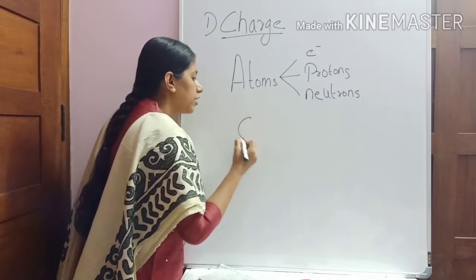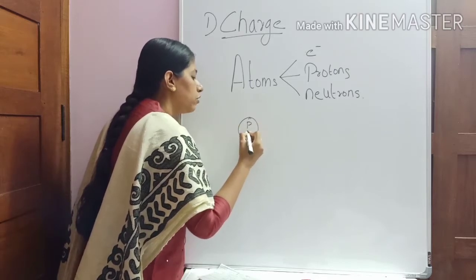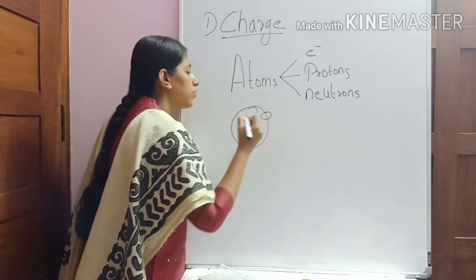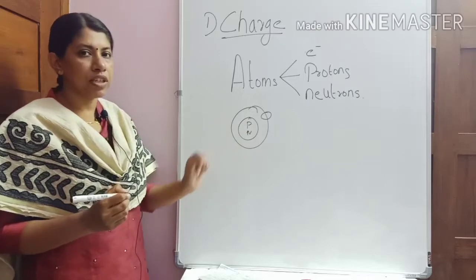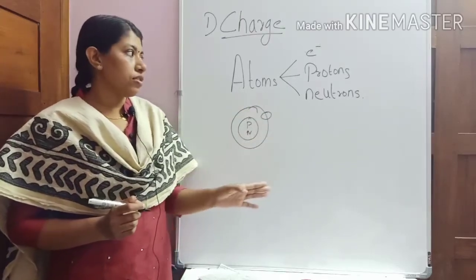This will be the structure inside the atom. It has a nucleus, inside which there will be protons and neutrons, and outside, in a particular orbit, electrons will be revolving around this nucleus. So this is the basic structure of atoms.